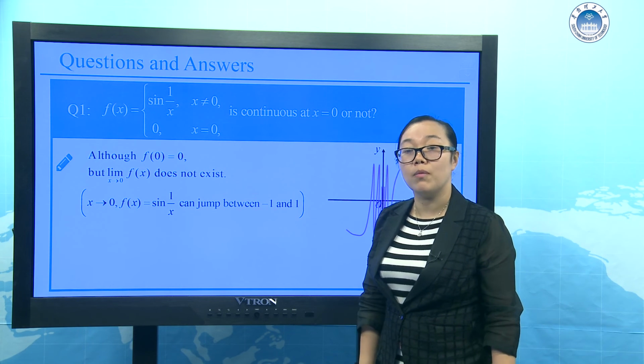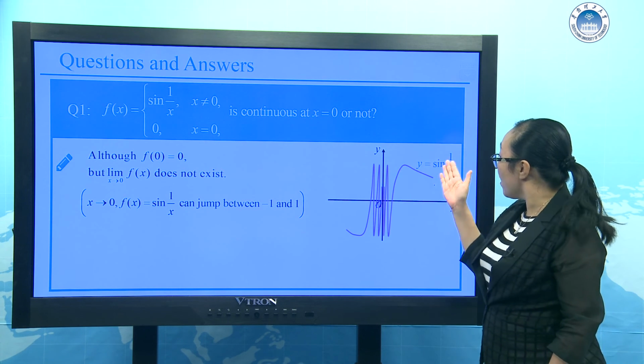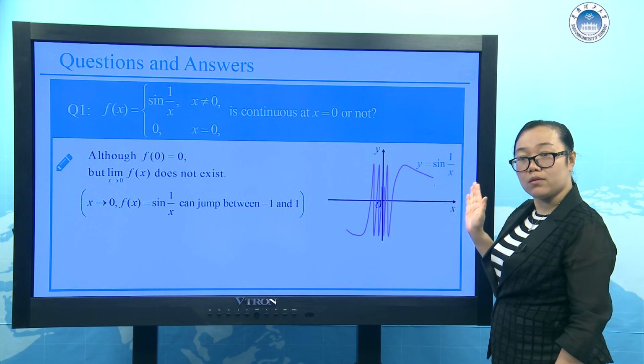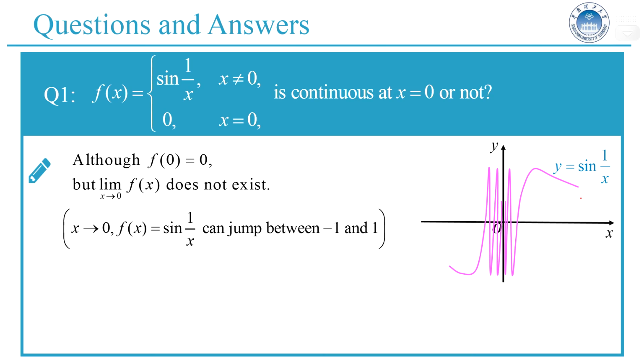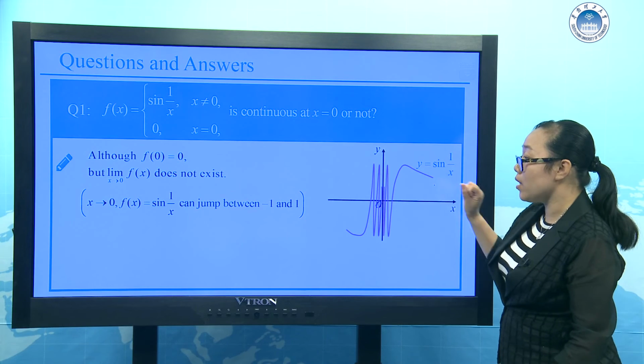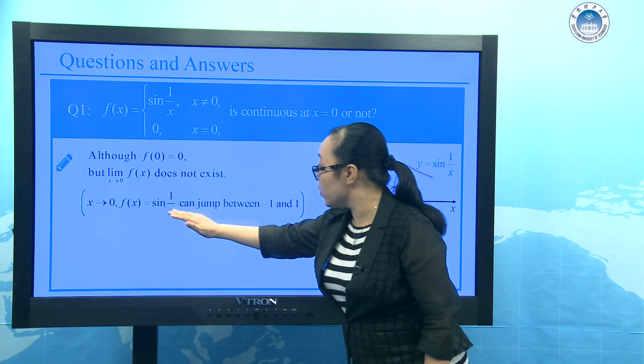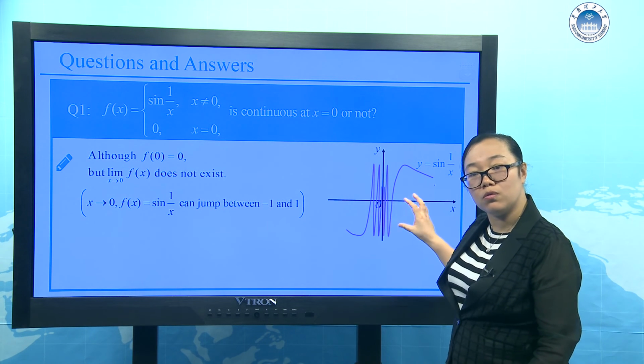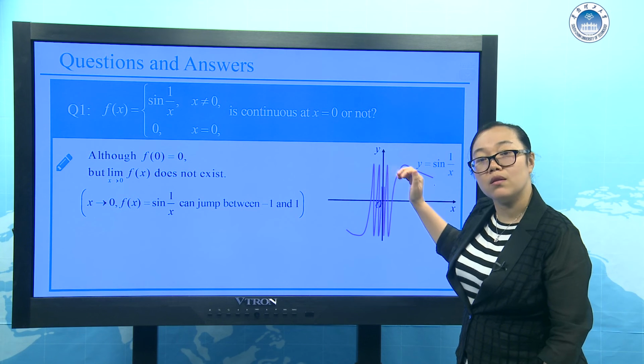Now look at the corresponding figure. y equals sin 1 over x, the pink curve. As x tends to 0, sometimes sin 1 over x equals -1, sometimes sin 1 over x equals 1. Anyway, f(x) will jump between the two numbers -1 and 1.